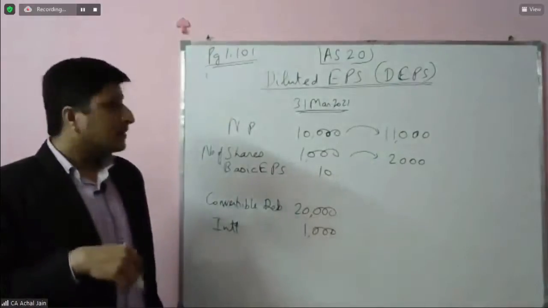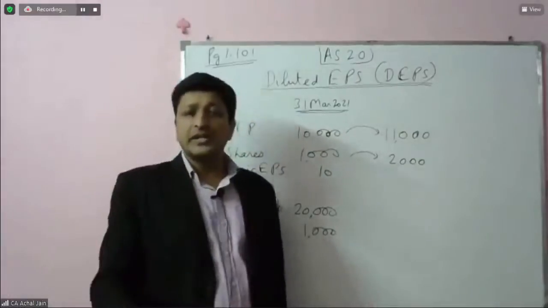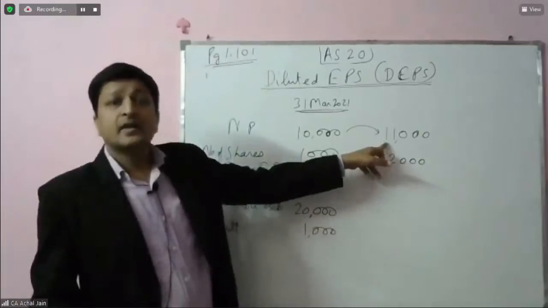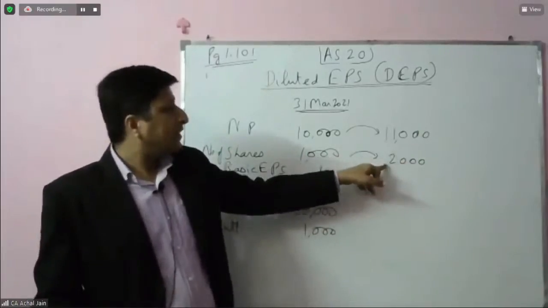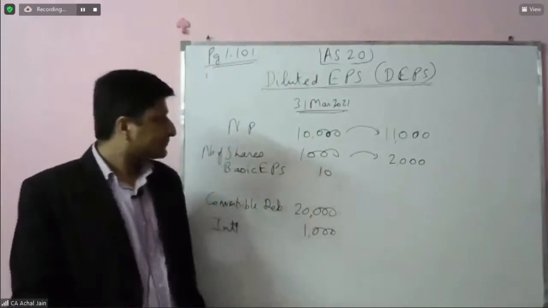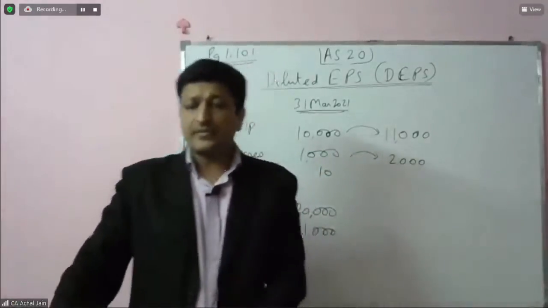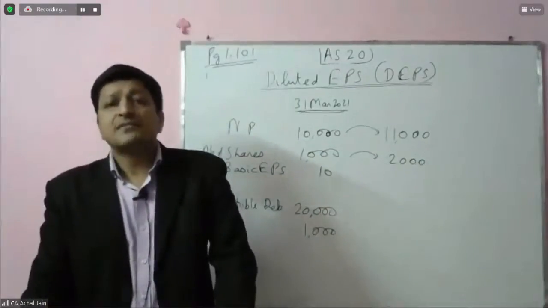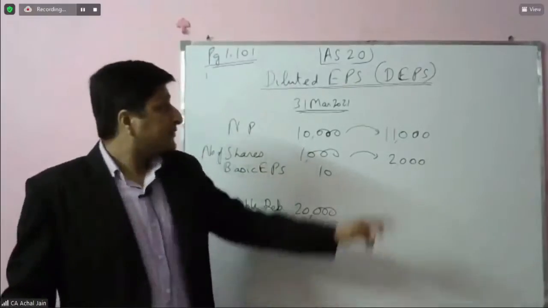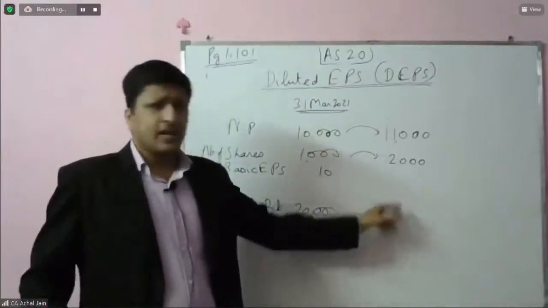Now what are we checking? That if the conversion of debentures into equity takes place, what will be its impact on profit attributable to equity shareholders, and what will be its impact on number of shares? Now, with this revised understanding that we have, if this is the profit and this is the number of shares, can you tell me what will be the EPS now?